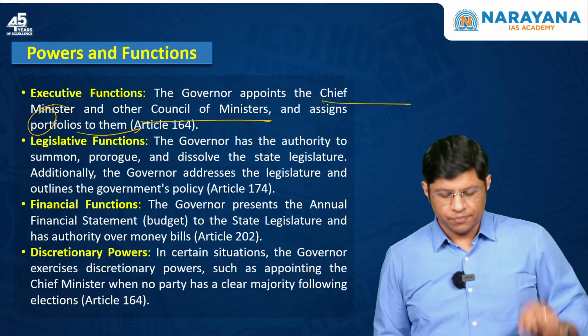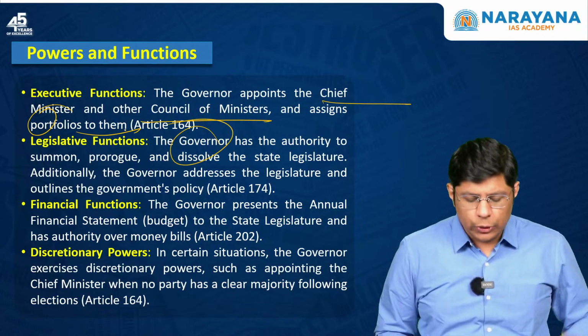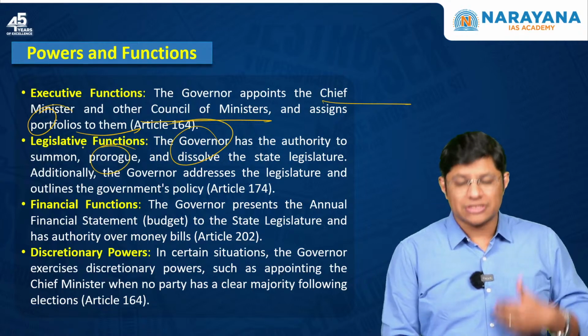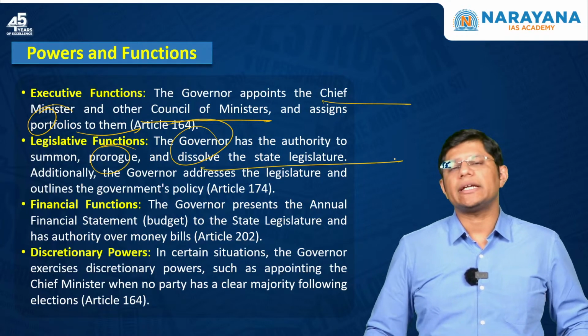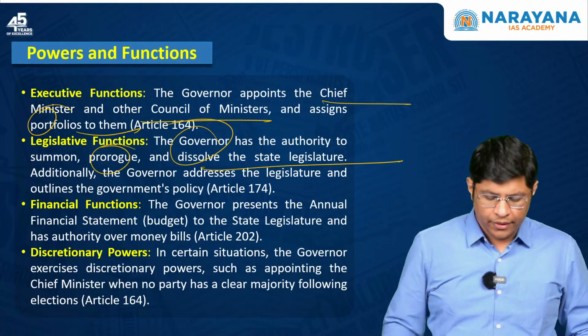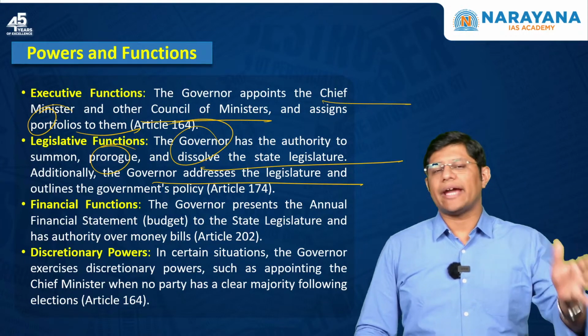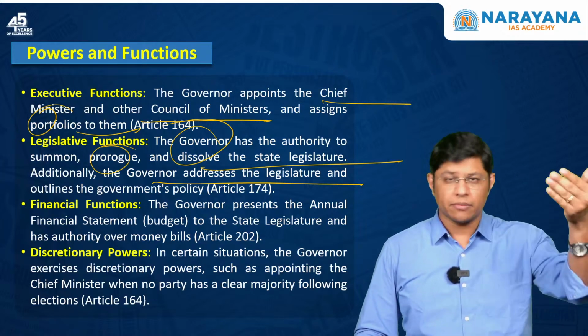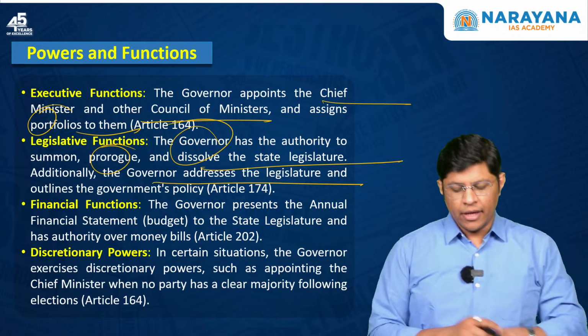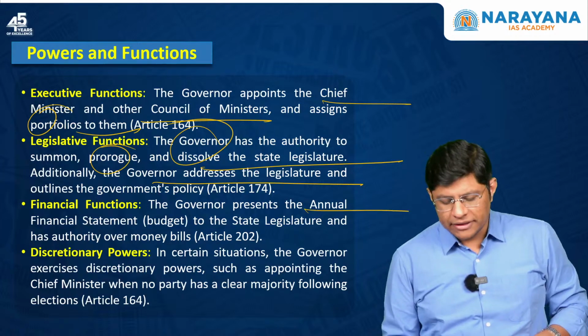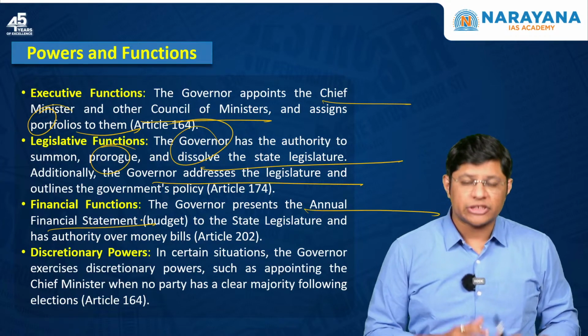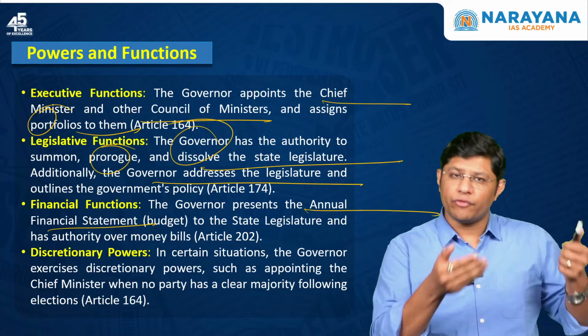Legislative functions. The governor has the authority to summon, that is to call, prorogue, that is to suspend, and dissolve the state legislative assembly. The governor also addresses the assembly and outlines the state government's policy. The governor also presents the annual financial statement, which is the state budget, before the assembly.